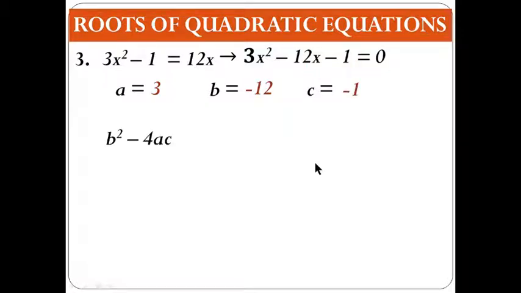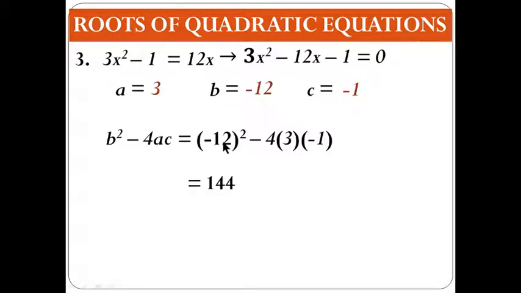Using the discriminant, substitute again all the given values. So, B is negative 12 minus 4 times A is positive 3 times C is negative 1. Next is simplify, get the square of negative 12, and the square is 144.